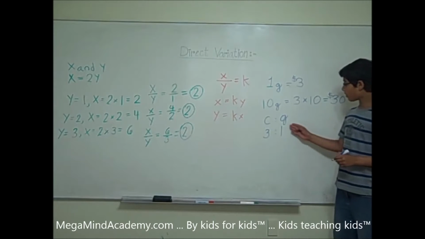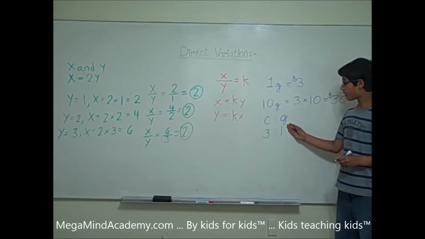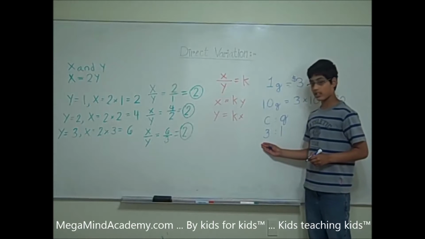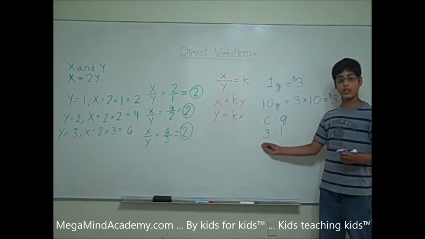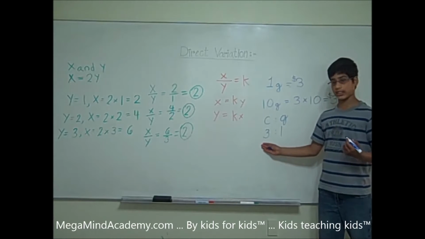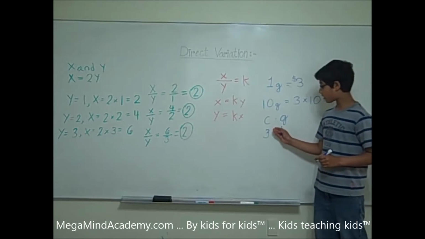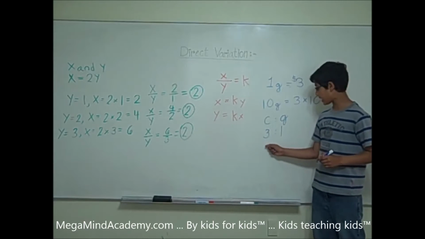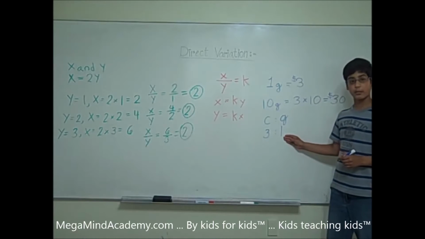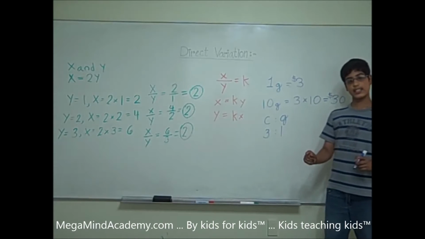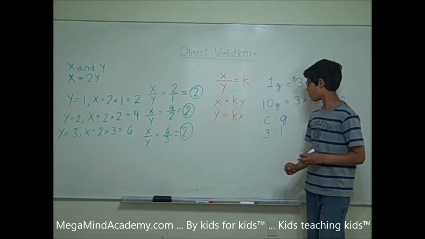Here, if the number of gallons increases, then the cost also increases. But after the increase, the cost will always be 3 times as much as the number of gallons. Let's see if this is true.